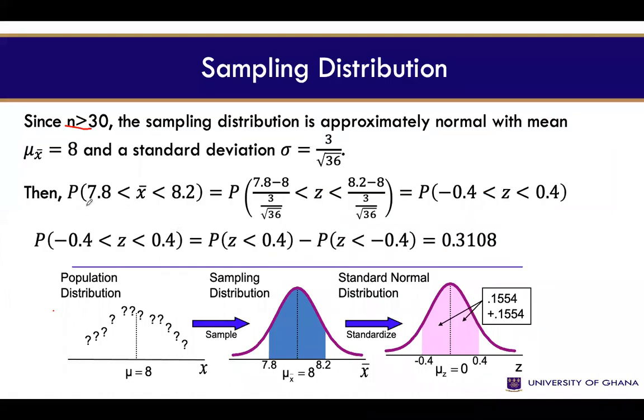So you still have to go through the process of standardization: X bar minus mu divided by the standard error, right? So we have 3 over root 36 as the standard error. You get the z value for one part, then you get the z value for the other part. So eventually, this is the probability that we are going to determine.